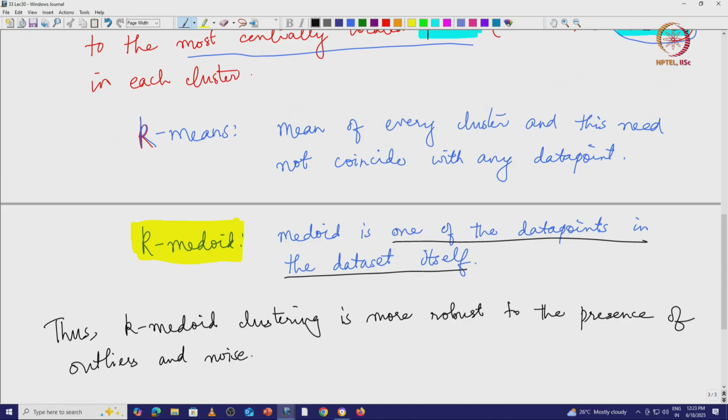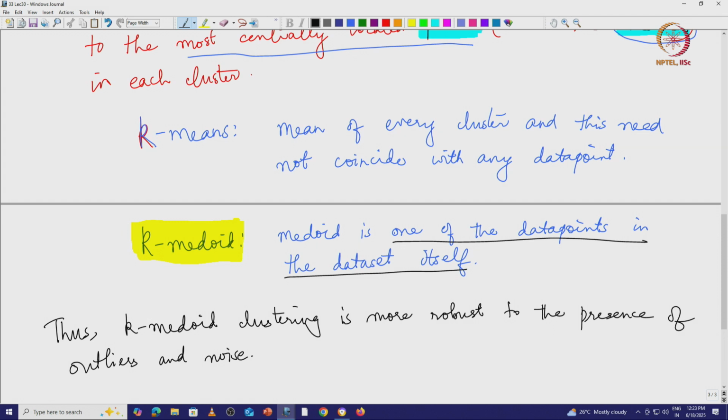Because an outlier can greatly impact your mean, but that outlier would never be chosen as the medoid, because the medoid has to be drawn from the cluster itself, and it has to be one of the most centrally located points.